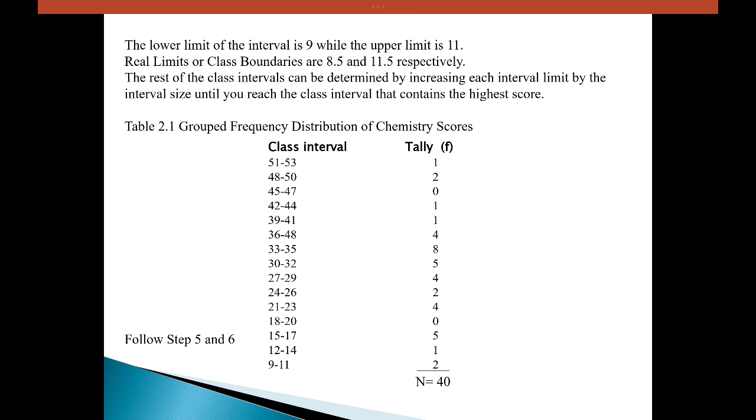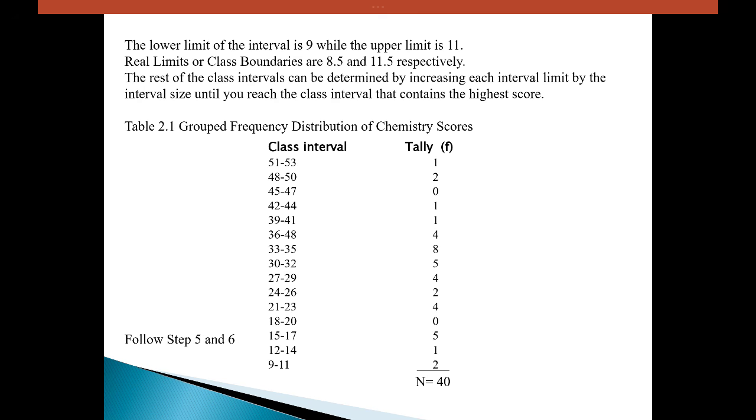So what's the last class interval here? It is 51 to 53. Does the class interval of 51 to 53 include 52? Yes. So we should stop there. So you create the class intervals from 9 to 11 until you stop at 51 to 53.